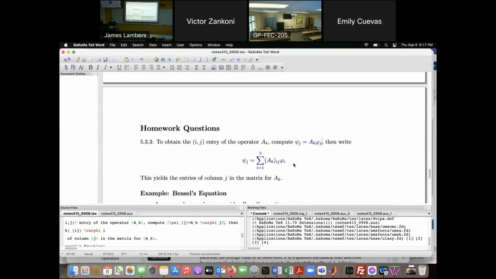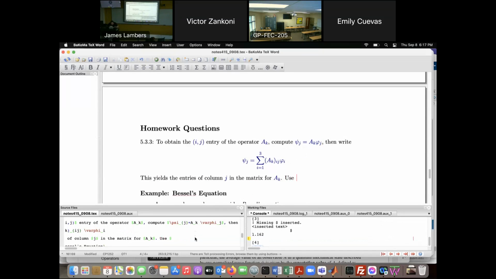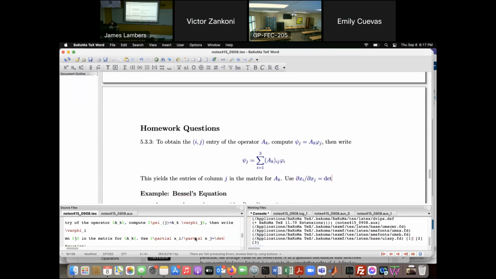Does that make sense? So, would this be equal to 0 or 1, depending on the... Yes, yeah. So we use the fact that the partial derivative of xi with respect to xj is equal to the Kronecker delta, which is 1 if i and j are equal, 0 otherwise, because they're independent variables.